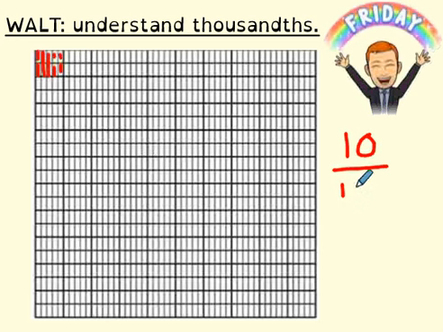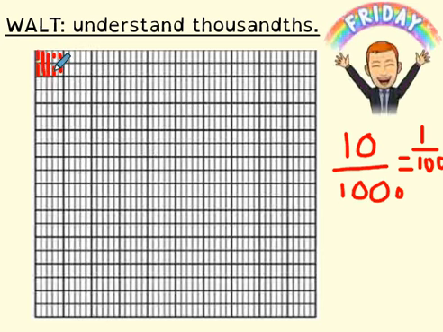So I've shaded in 10 of my thousandths. 10 of my thousandths is shading in 1 of my 100 squares. If you can look really closely, you can see that 10 of my thousandths make up 1 of my normal size squares that we looked at over the last couple of days.